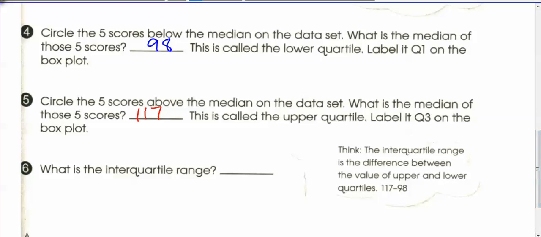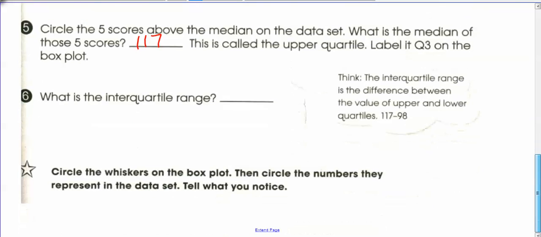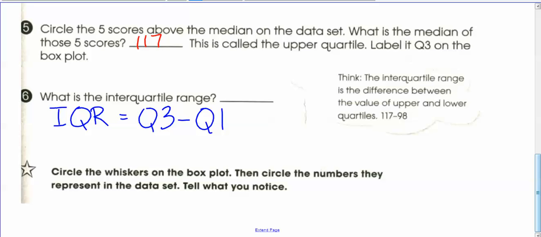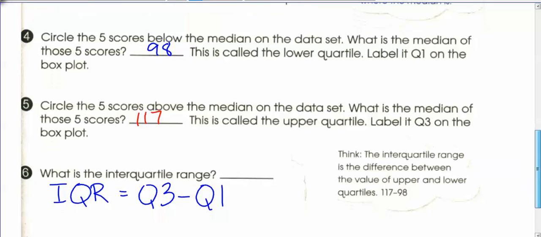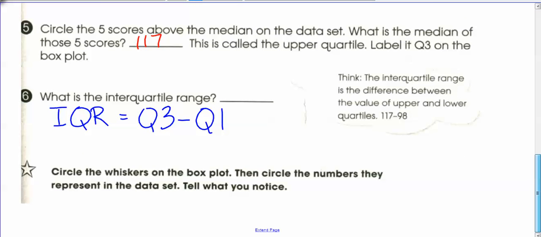It says, what is the interquartile range? So write this down on your paper. To find the interquartile range, the IQR, you take quartile 3 and subtract quartile 1. Quartile 3, we said, was 117. I got that from question 5.